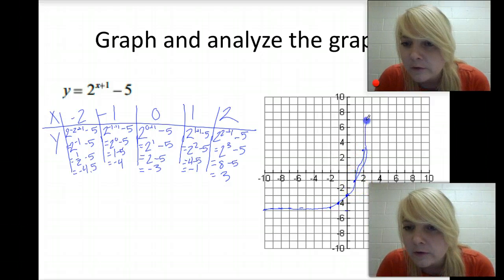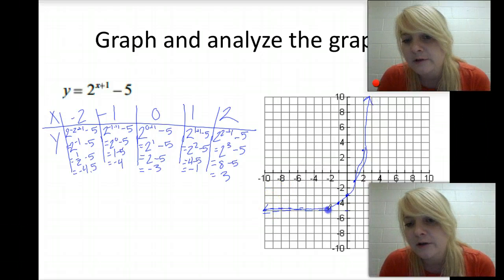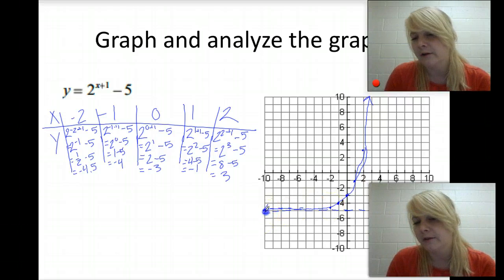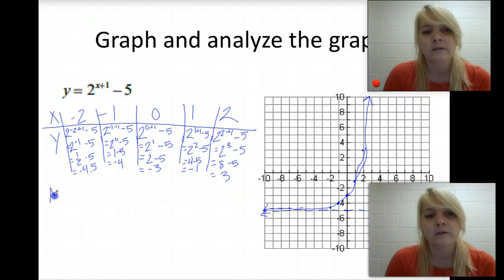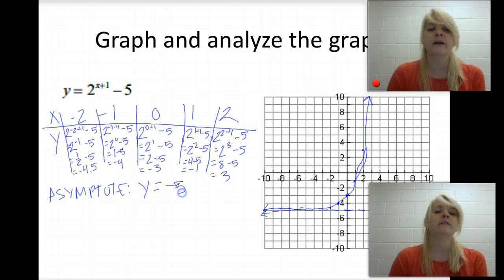And a smooth curve up, arrows, and with asymptotes, we will be designating them with dashed lines when they're not on the x-axis. So here we have a different asymptote, and that's y equals -5.